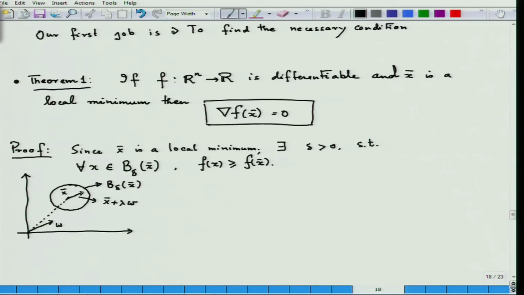Now, you see if I increase lambda, there will be a threshold beyond which it will come out of the ball, and then I cannot do anything. So, if I am within the ball, I can relate the function values of this with that of x bar, that the function value at this point must be bigger than function value at x bar.